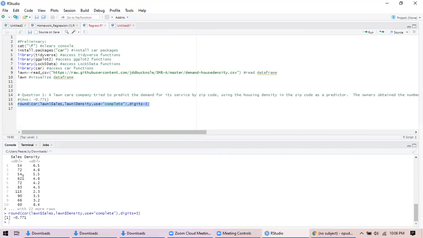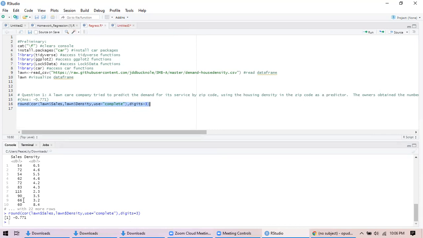Generally, it is increasing up to like 115. After 115, it starts to decrease. What I'm trying to say is, when your sales are increasing, your density is decreasing, right?